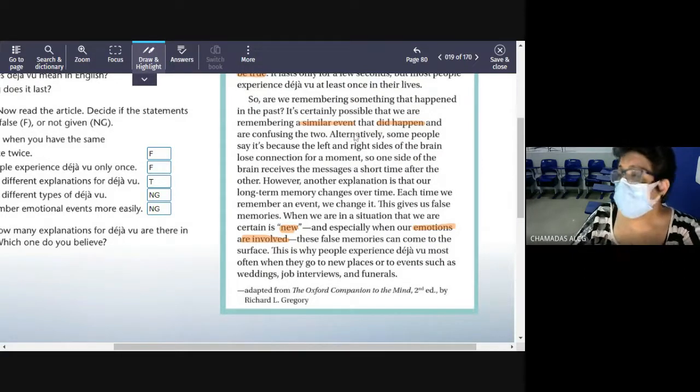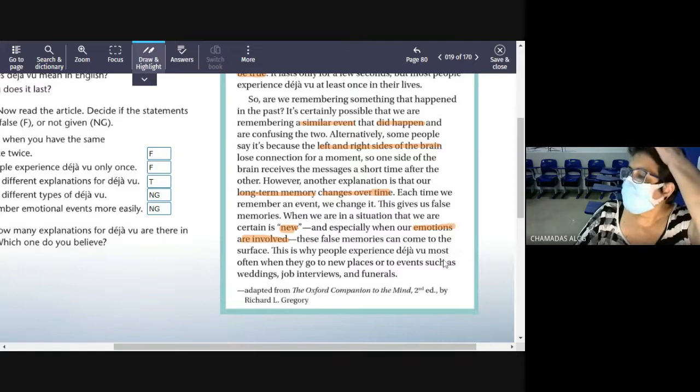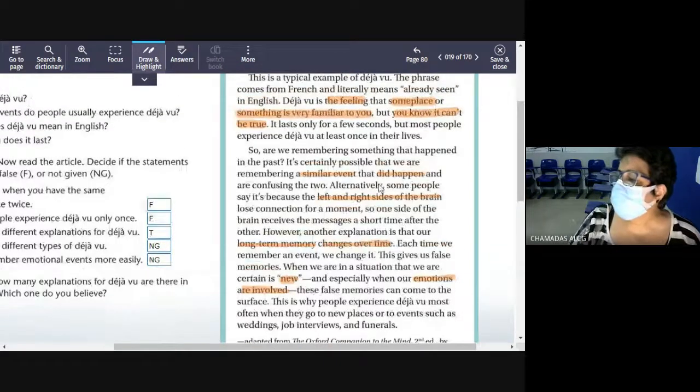This is explanation number 2. And the third explanation is that our long-term memory changes over time. So here we can say that we have 1, 2, 3 different explanations in reality.